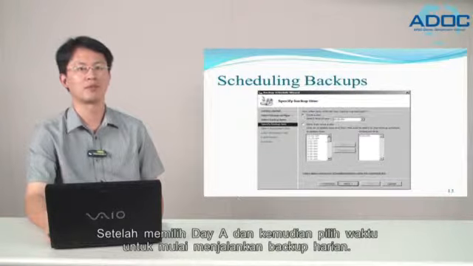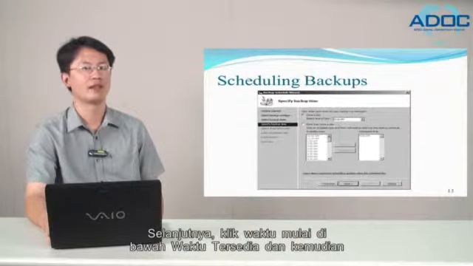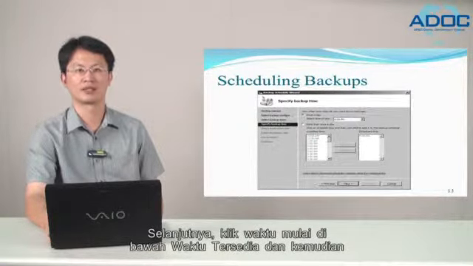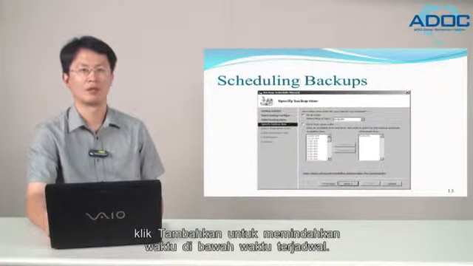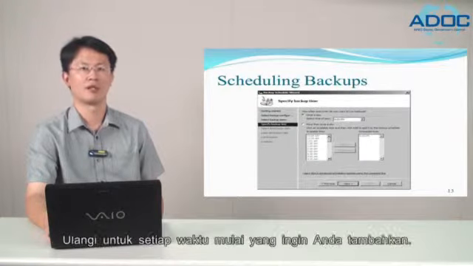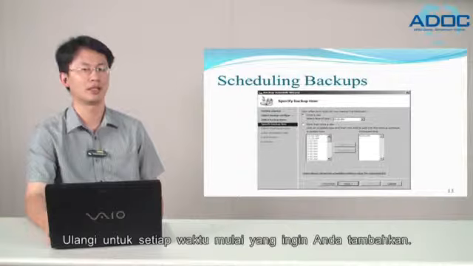To perform backups multiple times each day, choose More than once a day. Next, click a start time under Available Time and then click Add to move the time under Scheduled Time. Repeat for each start time that you want to add. Click Next when you are ready to continue.